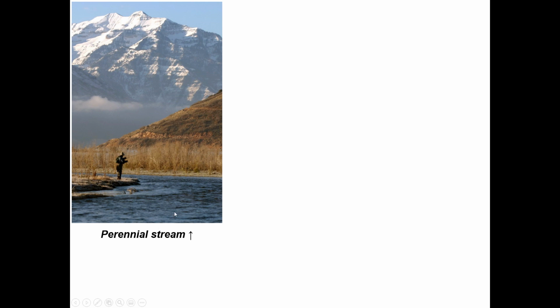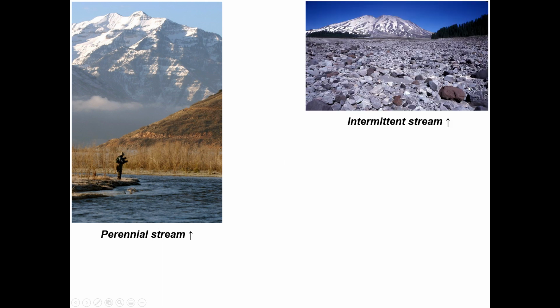And so it would always have flow in a perennial stream like that. Here's an intermittent stream where only during the warm months, when there's runoff from the high altitude mountain, would there be water going through this one, but this doesn't have enough upstream area to always be full.